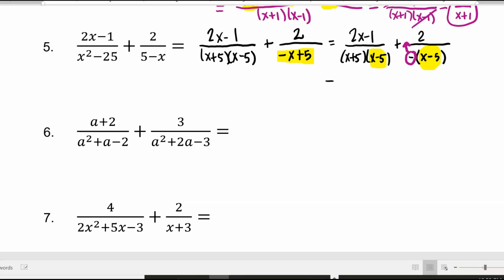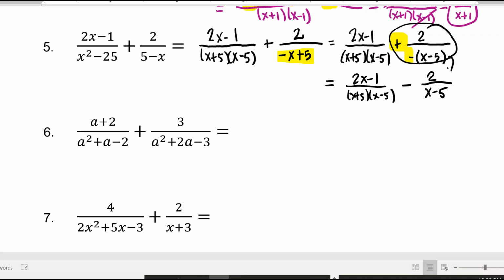So when we rewrite this, 2x minus 1 over x plus 5 times x minus 5, what we have here is a plus times a negative. So the negative would dominate here. So we will put minus 2 over x minus 5. So this is the same as this.